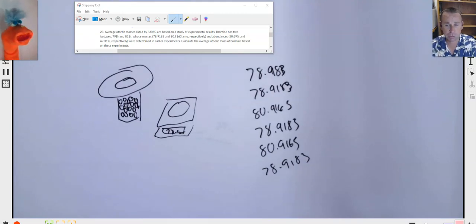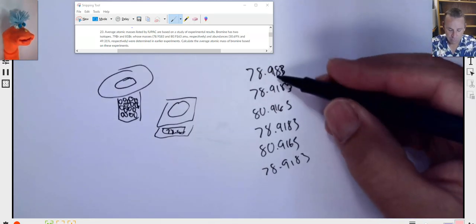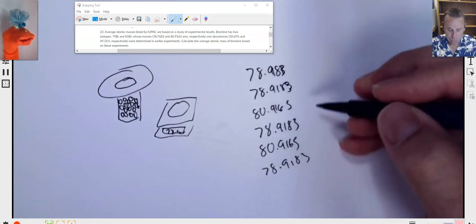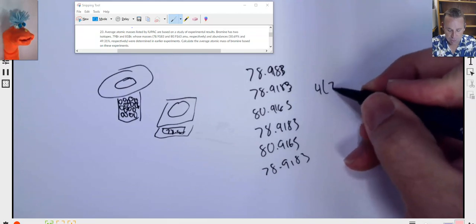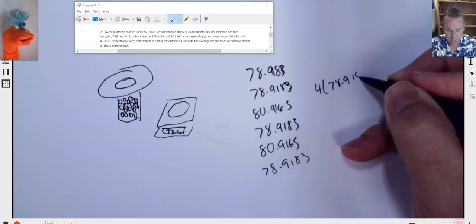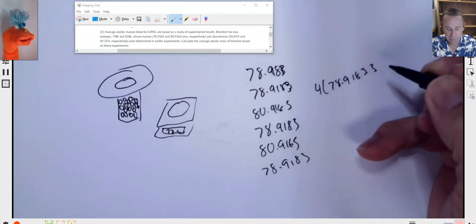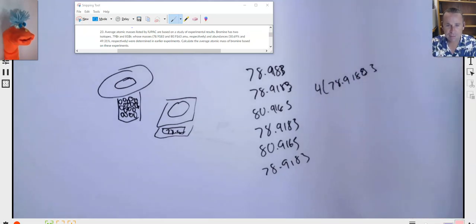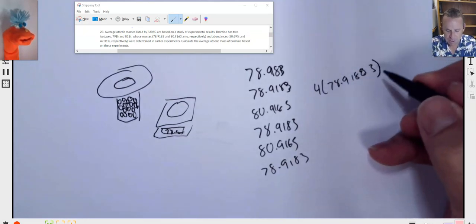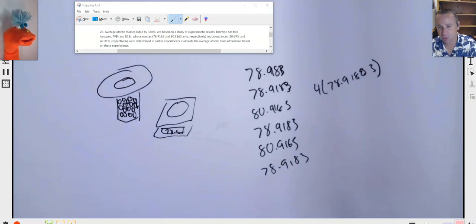Well, because you only have two masses, you can use a shortcut, like just count up how many of one and how many of the other. That's right. So here I have, for example, 1, 2, 3, 4 of the 78.9183. So I can write 4 times that and simplify.